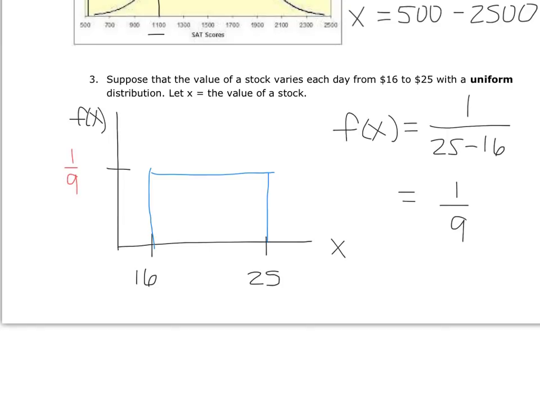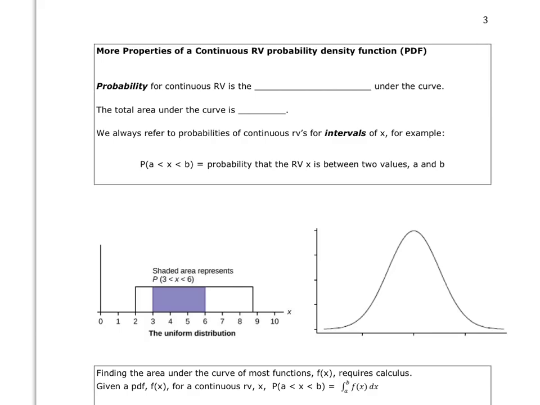Now we're going to look at some more properties. Probability for a continuous random variable is looked at differently than for discrete random variables. The probability for a continuous random variable is going to be the area under the PDF curve.